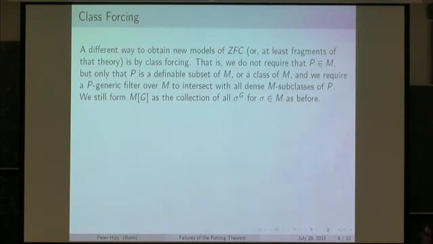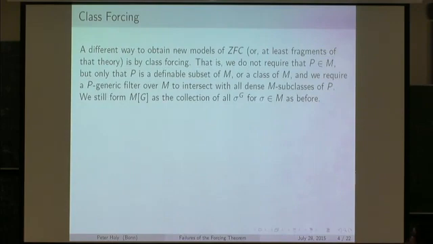So let me say what class forcing is for this talk. Class forcing should mean that instead of starting with a partial order P that is an element of M, we just use a partial order P that is a definable subset of M from the point of view of V. So from the point of view of M, it's just a class. It's class sized. And of course, the extension relation is supposed to be a class of the ground model M as well.